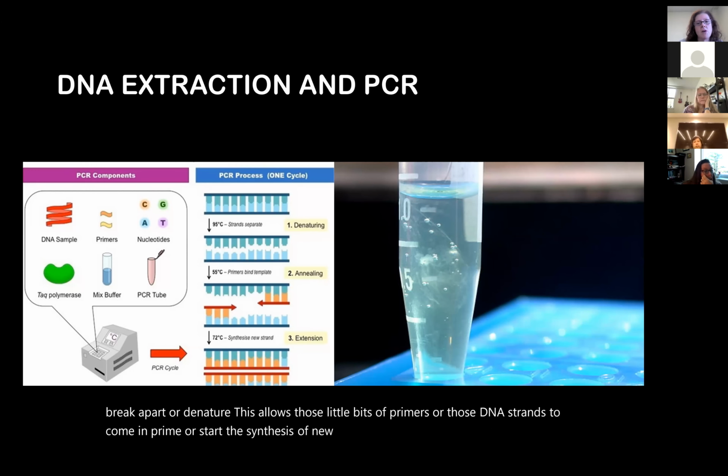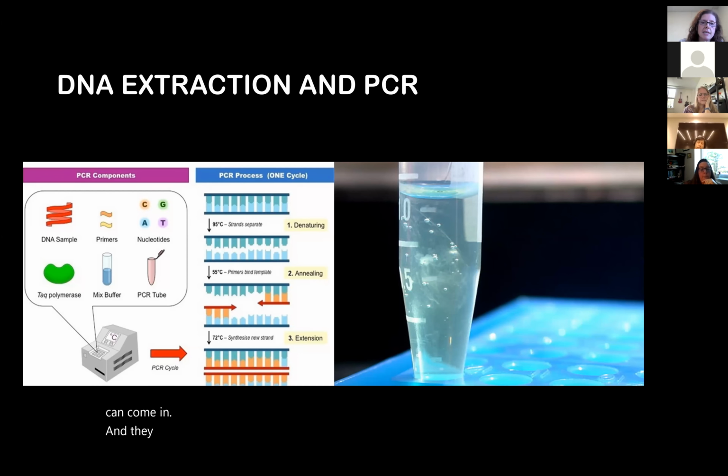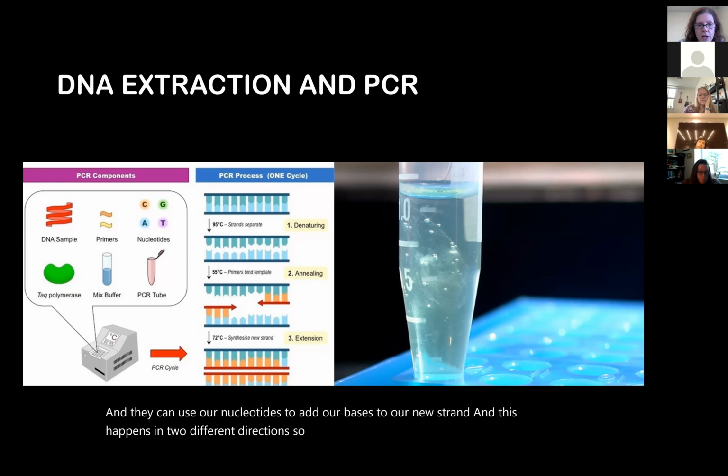This process is called annealing. They're basically just sticking onto those strands of DNA. And then our polymerase can come in and use our nucleotides to add our bases to our new strand. And this happens in two different directions. So for every one strand we start with, we end up with two new strands.